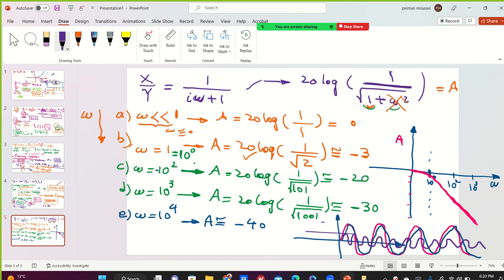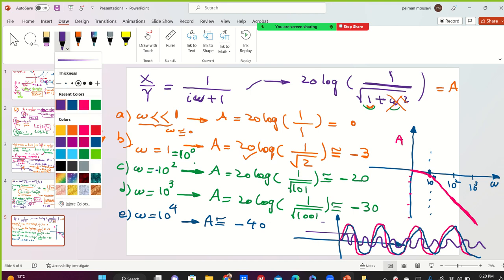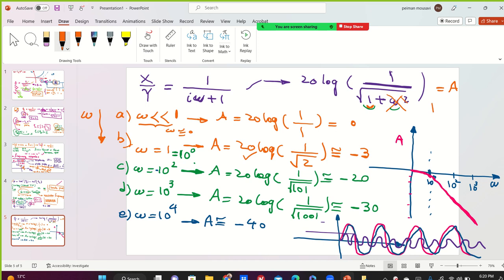Yes? So the output amplitude decreases with respect to the input. The name of this in control engineering is low pass filter. Low pass filter. If you heard that, it means this. It means only the low frequency is being passed.